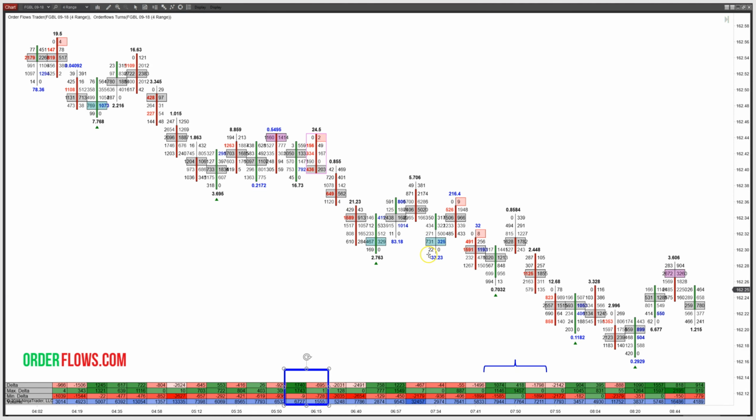Now here, this one is a little bit interesting. I'm going to talk about these sort of bars a bit later, but here, what I consider this one a flip in here, it's 418, but look at the max delta was 1457, so it's actually 1,000 contracts less.